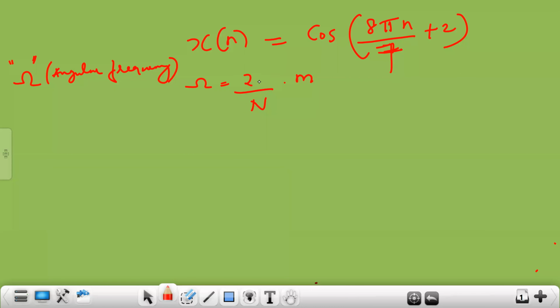First we need to compare this signal with the original format, which is cos of omega n plus theta. The coefficient of n here is 8 pi by 7. So omega is 8 pi by 7.